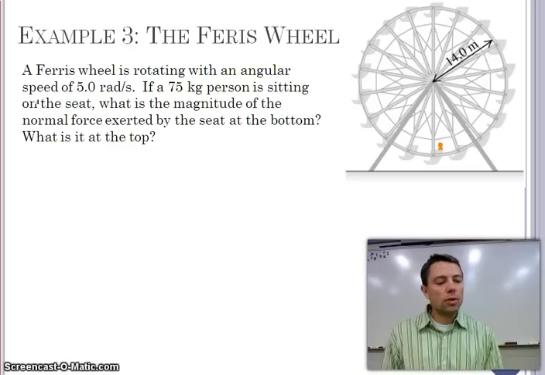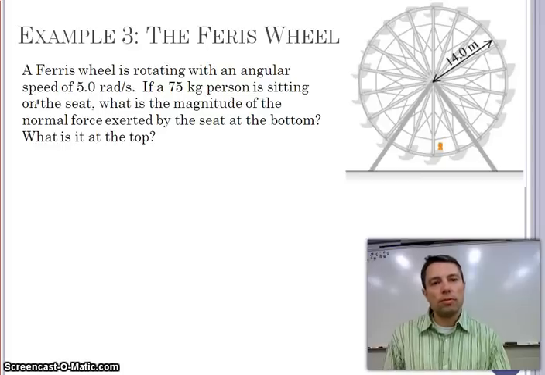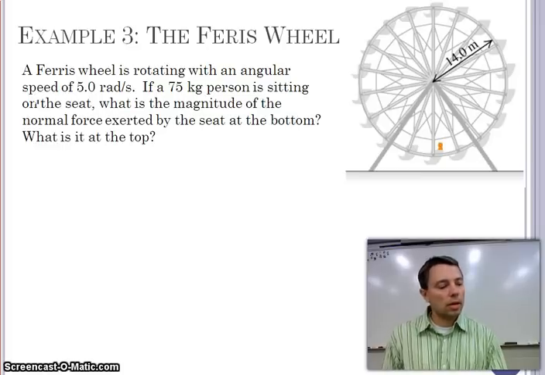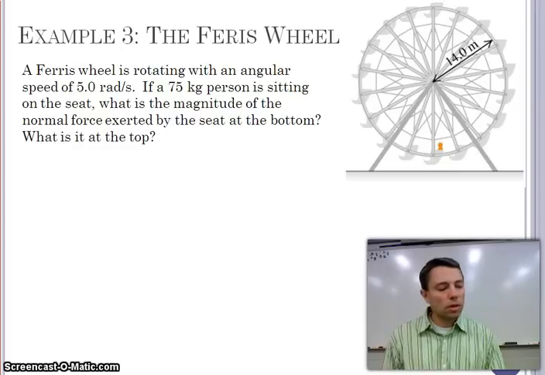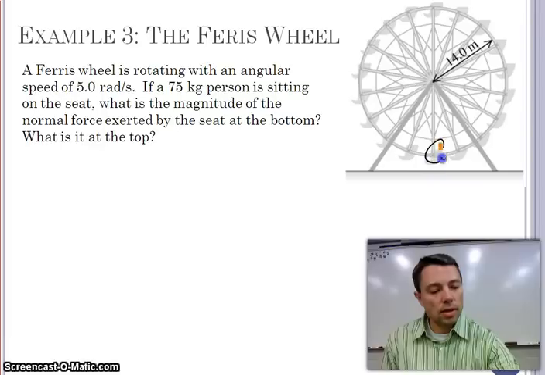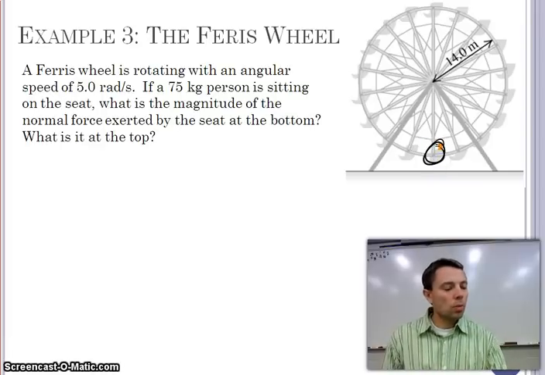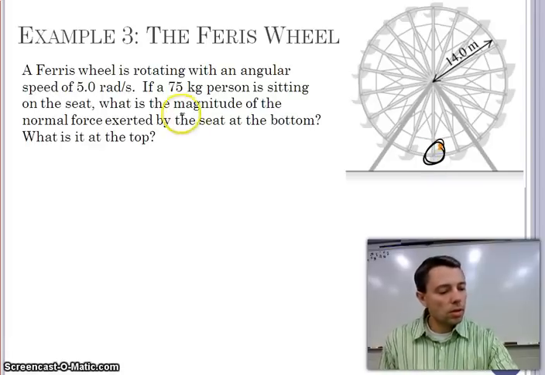I'm going to go on to a new example now, and this is going to be our Ferris wheel example. So now we're looking at our Ferris wheel. It has a radius of 14 meters, and it's now going to be rotating. We have a person sitting on the seat down here, and we want to find out what is the magnitude of the normal force, okay?